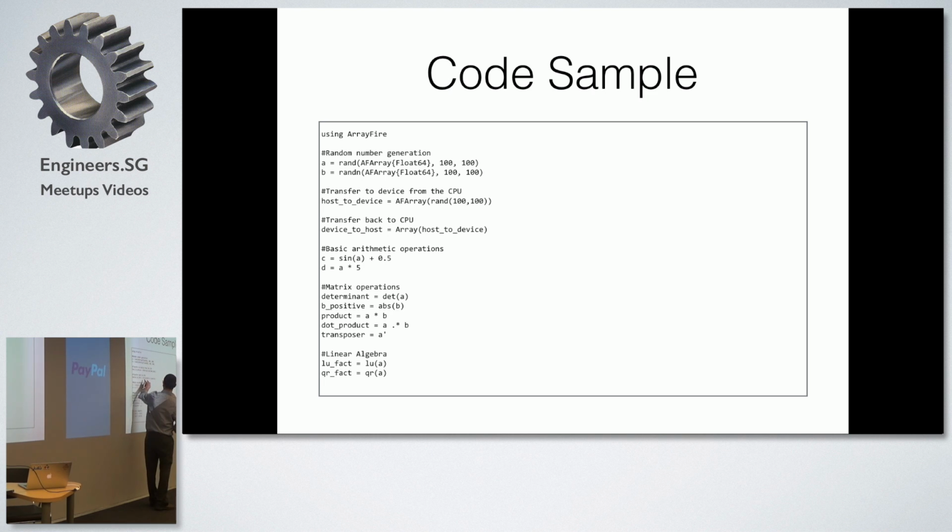Right here, if you say AF array of data that's on the CPU, it's going to go to the GPU, so it's host to device, and then device to host is array of that. So it's a type constructor. If I say AF array of a matrix that's in my CPU memory, it takes it and puts it on the GPU, and if I say array of something that's on the GPU, it's going to move it back to my CPU memory.